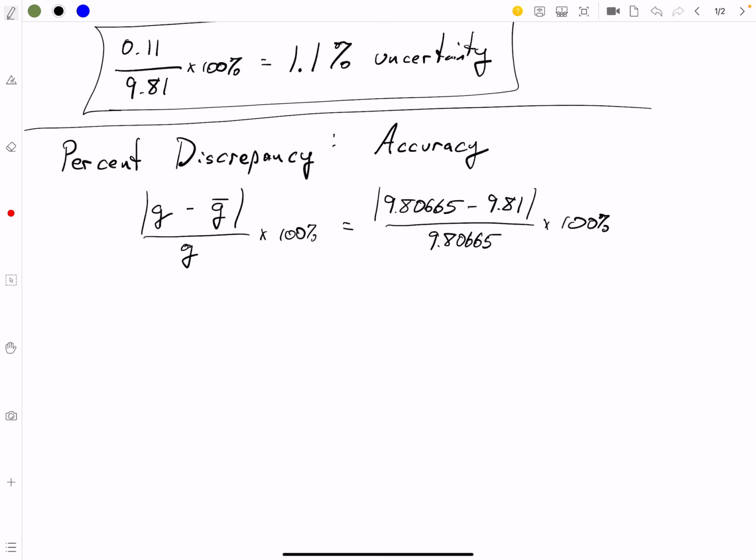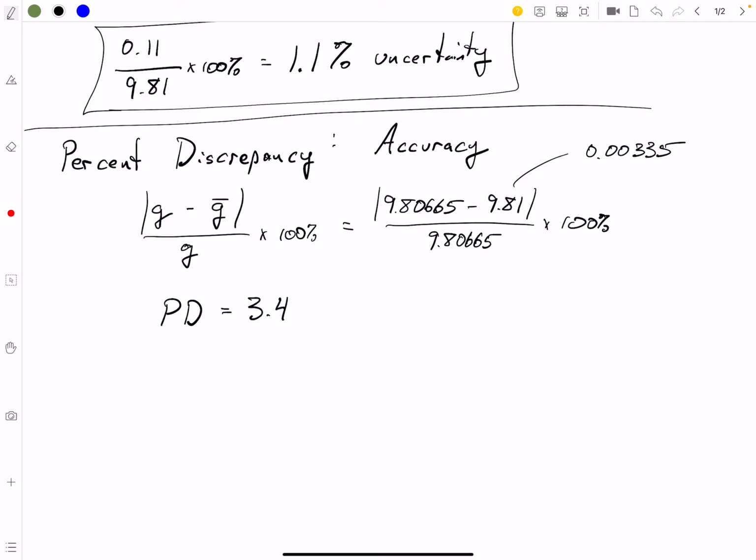I've already done this. That is 0.00335. Now I'm going to divide by 9.80665, and then I'm going to multiply by 100. That's going to give us our percent discrepancy, which is 3.4.